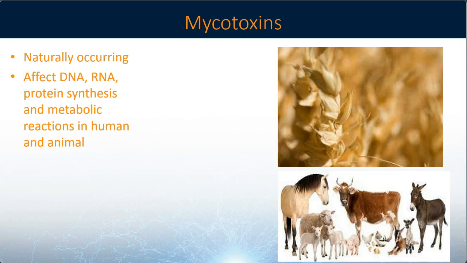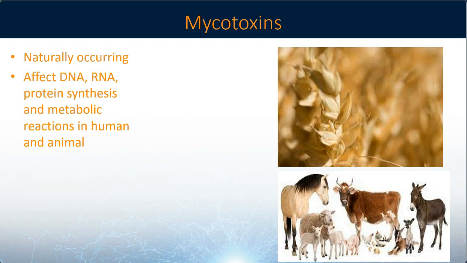And what happens is that this can affect DNA, RNA, protein synthesis, and metabolic reactions in humans and animals. So not only do they survive the transition into the animal meat, they also survive the transition from the animal into the human as well. So they're very, very hardy.